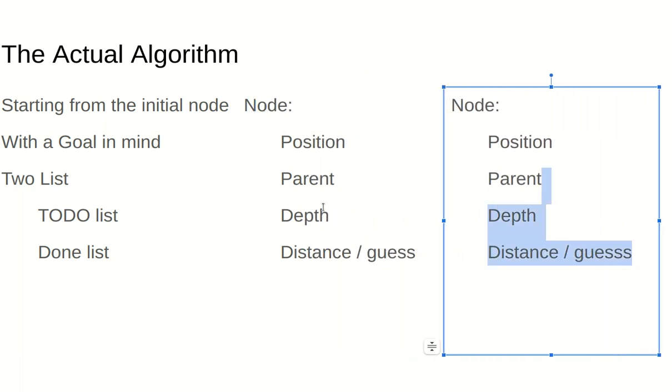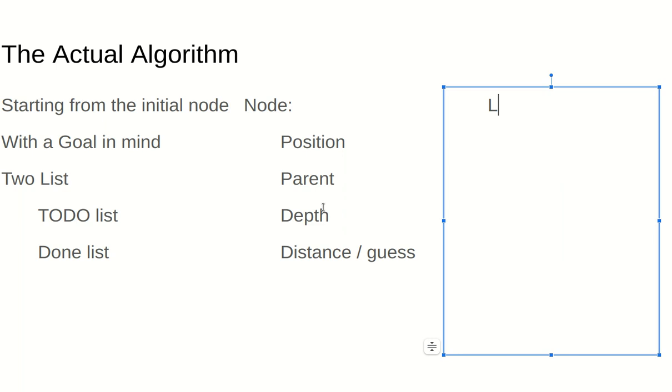So the approach is going to be, for each node to do, we're going to check, is it the goal? If it's the goal, we're done.